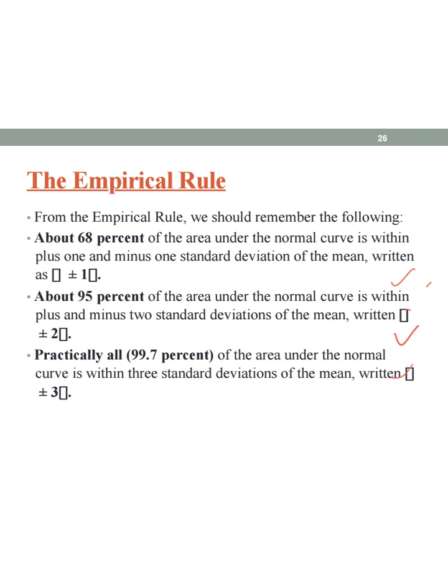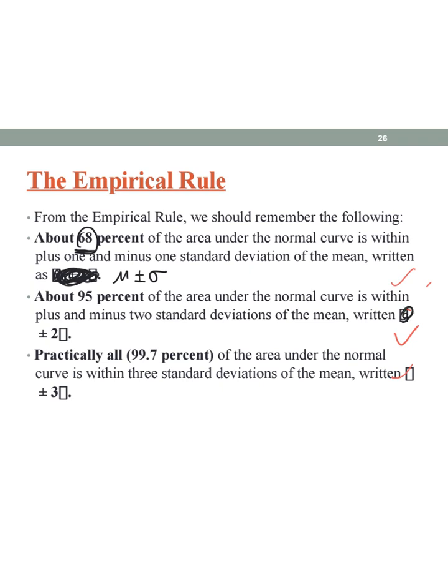So we have 68% of observations, which we can also call the area under the curve within plus and minus 1 standard deviation. If you look at the slide on Blackboard, if you download the slide, it shows this: mean plus minus standard deviation.